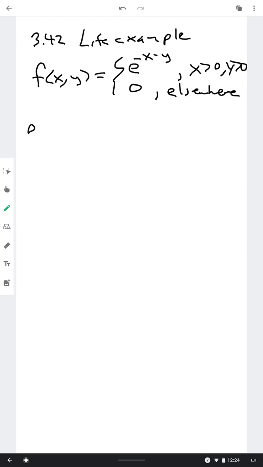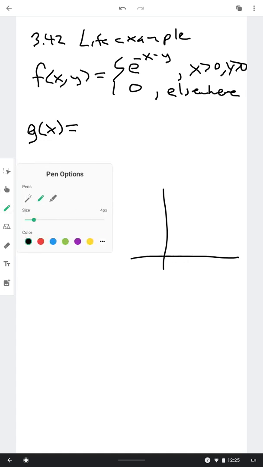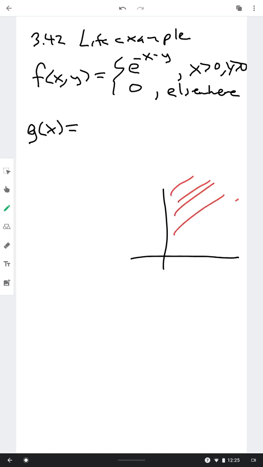To do that, we're going to need to figure out what g of x is. If we look at our region for this, this is where x and y are greater than 0, and that corresponds to everything in the first quadrant.